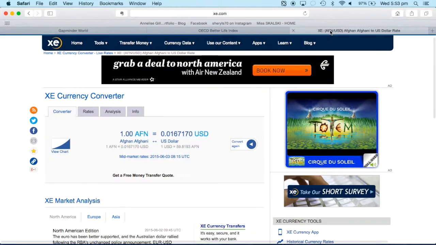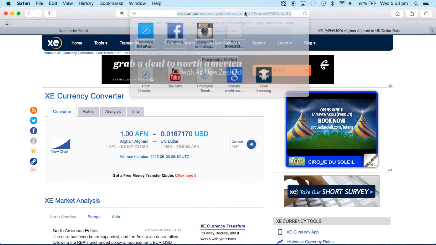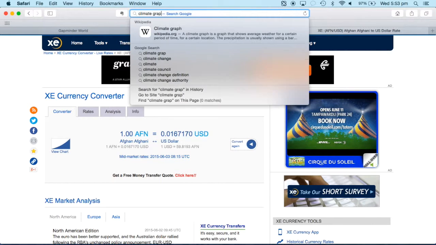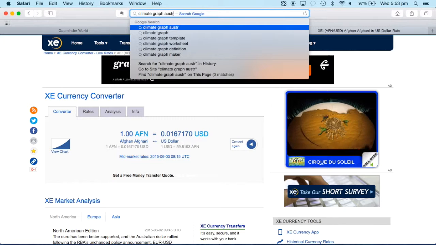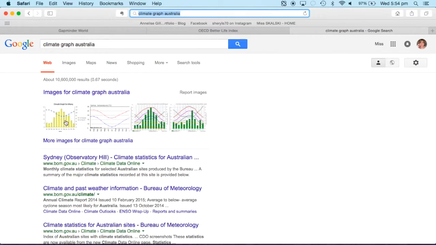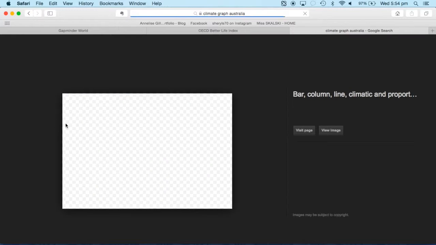Now, I've just realised I've forgotten to do, when you're doing the climate, once you've actually found a location, if you search for a climate graph of that location, you'll come up with one of these.